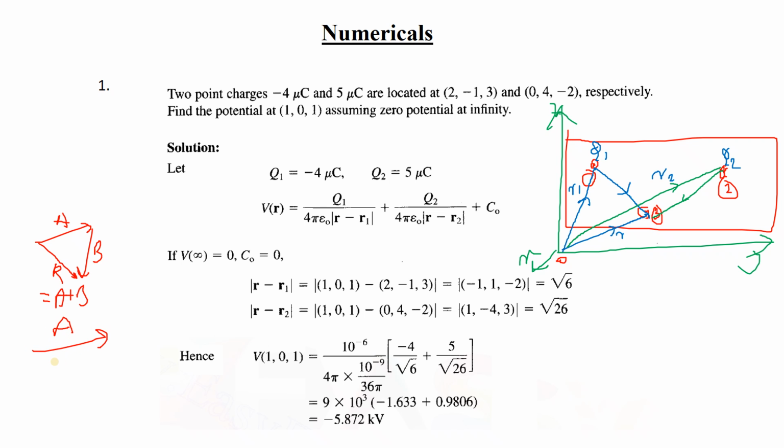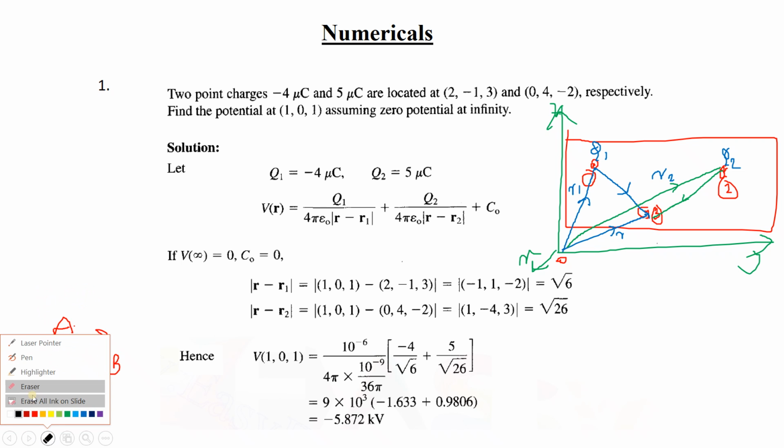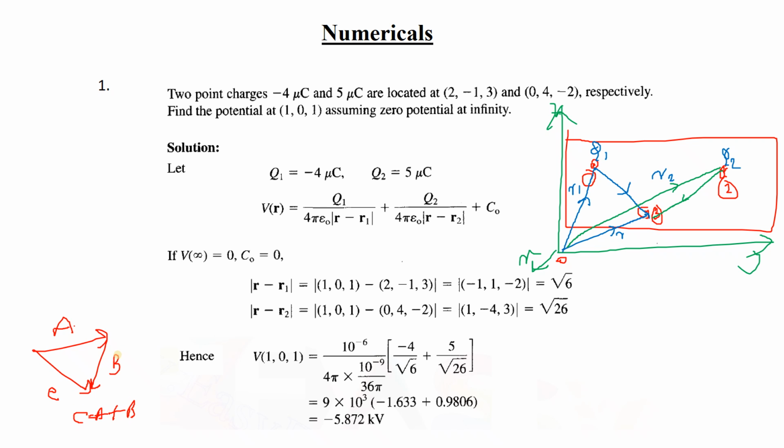Now suppose you have a vector a and a vector c. Forget this previous one. So a plus b is equal to c. This is known to us, that c is equal to a plus b.